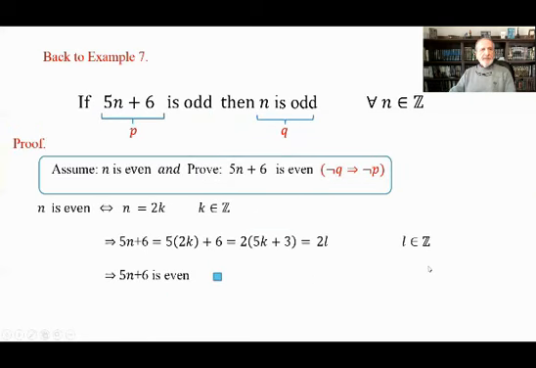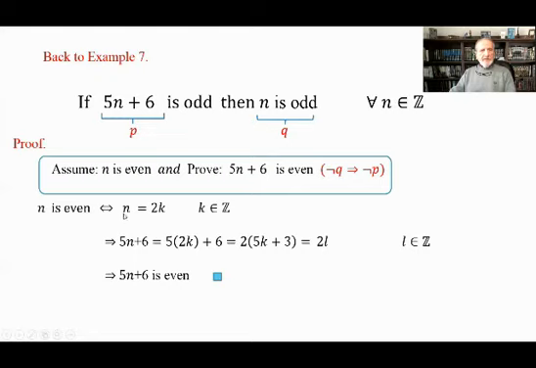Example number 7, back to example number 7. If 5n plus 6 is odd, then n is odd, okay? So now we're going to say, suppose n is even. See, the negation of this. Assume n is even and prove 5n plus 6 is even.